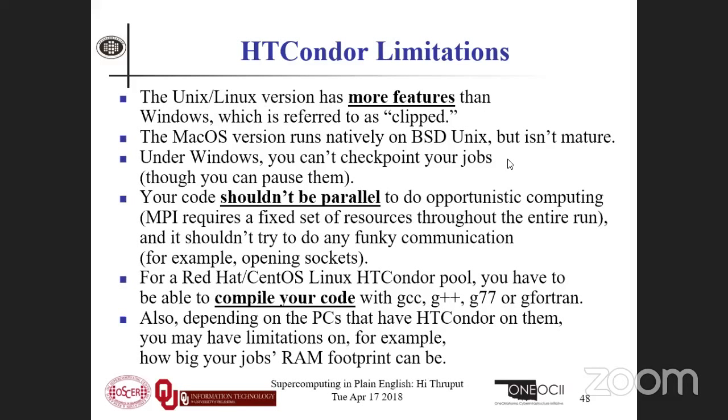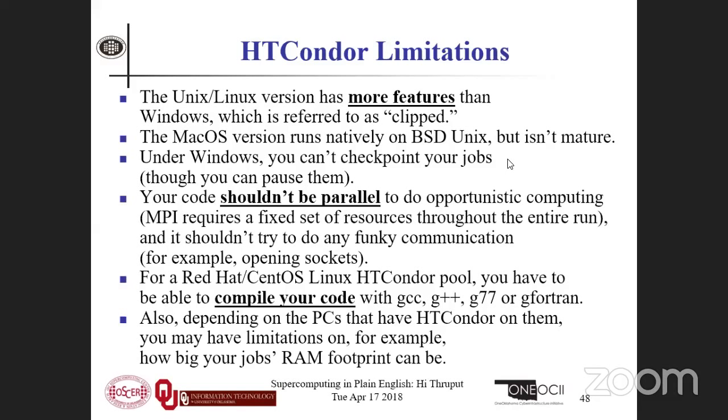Okay. You want to not run codes that are parallel in the sense of the parallelism is built into the code. So you don't want to run like an OpenMP job. You can, but we're going to keep away from that. You don't want to run an MPI job to do the opportunistic version. Now you can run MPI jobs under Condor, but that's not the same kind of circumstance. It's not the opportunistic approach.